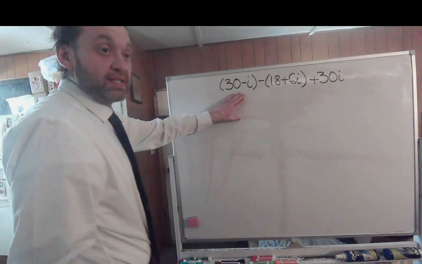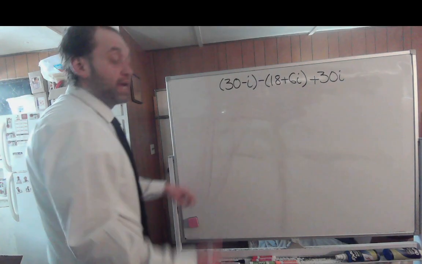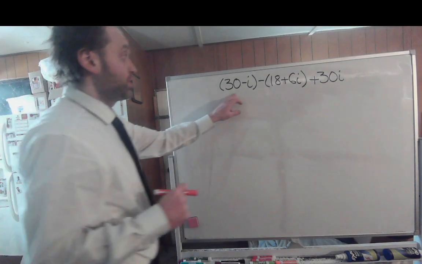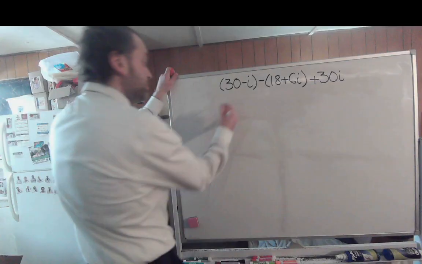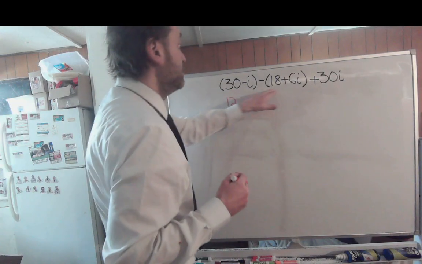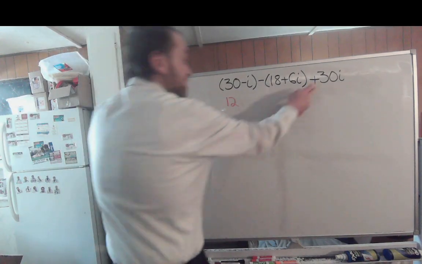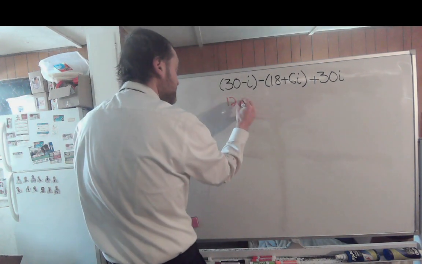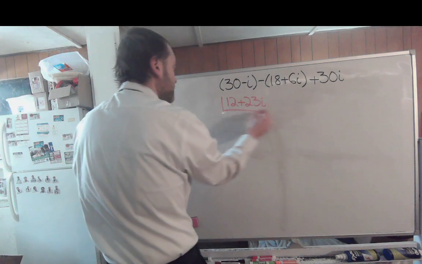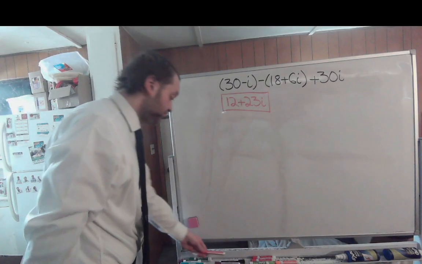So 30 minus i minus 18 plus 6i plus 30i. Well, we have to deal with our real numbers first. So take 30 minus 18. What would that give you? That would give you 12. Now you have negative i minus 6i would actually turn into negative 7i plus 30i. That would give you plus 23i. So the complex number you should get would be 12 plus 23i.